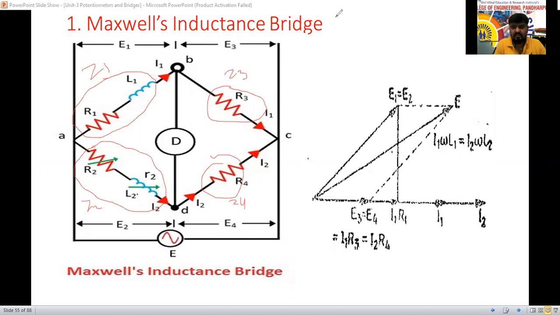Can anyone tell me what is the formula for Z1? Z1 equal to what? The resistance is there, that is the real part. In the complex form, we have to write Z1 equal to R1 plus what? L1 is there. What is the reactance of this L1?